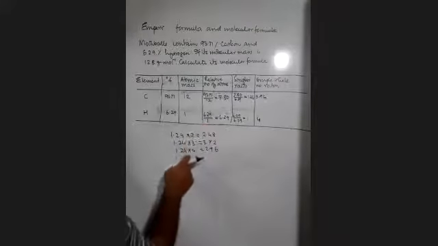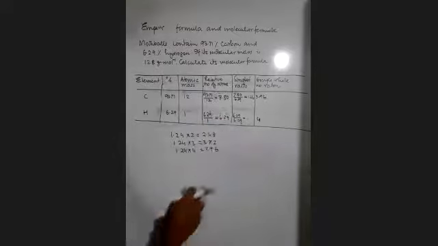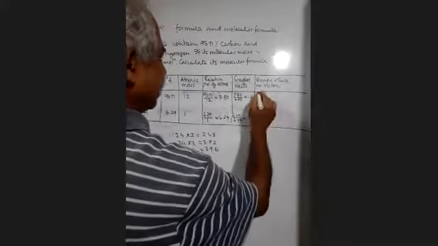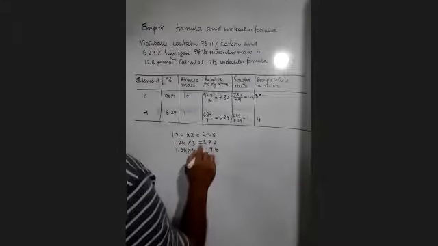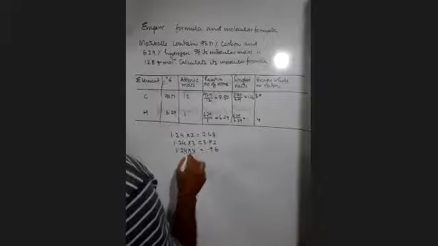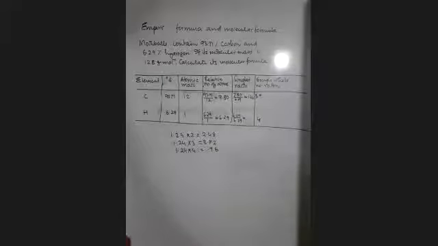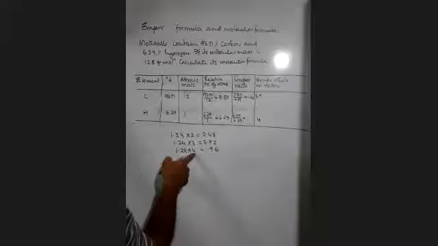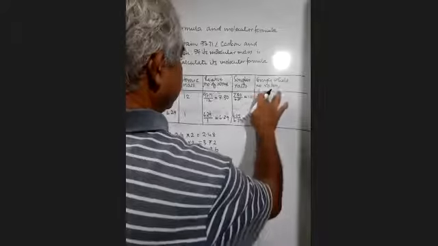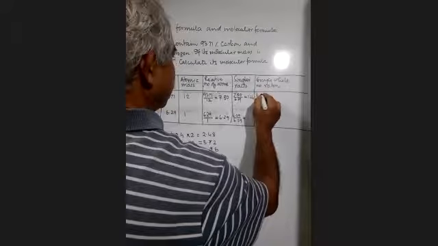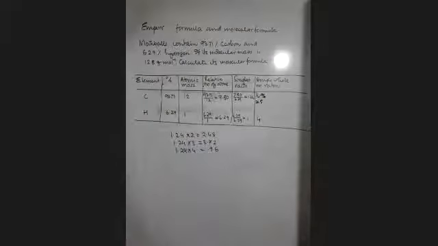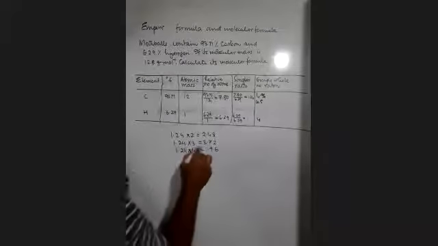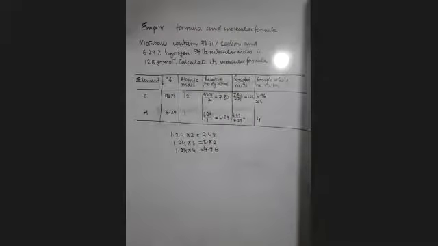I have multiplied this by 4 and this I have to multiply by 4, so 4.96 is equivalent to 5, because I have to make it a whole number ratio. Understood now? So this is the way you have to do it.